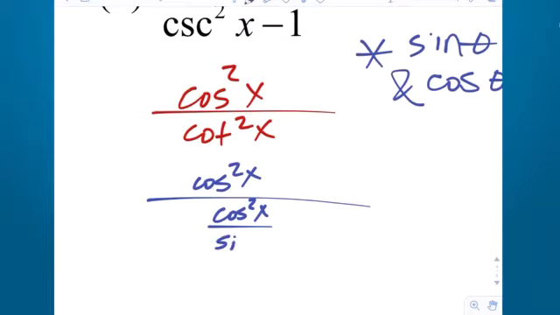Good. Cosine squared over sine squared. Remember, the ratio identities and the reciprocals work for any power. So I just replaced cotangent squared with cosine squared over sine squared. Now you have a complex fraction, and you're always happy when you have a complex fraction, because the next step is always to eradicate the complex fraction.